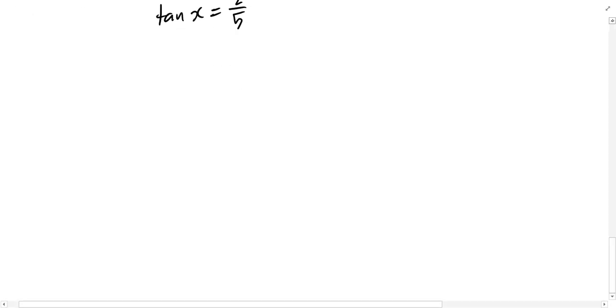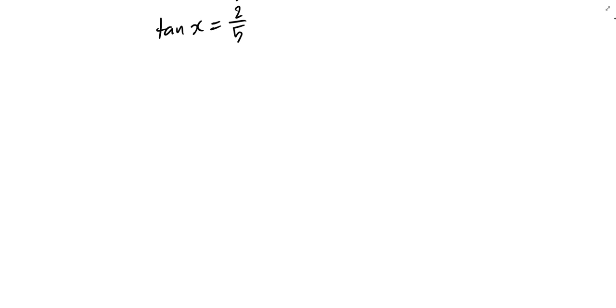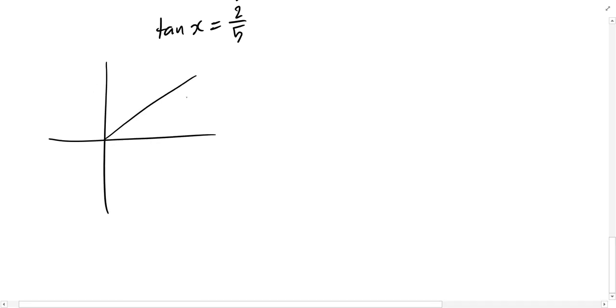Yes. And what should we do next? Now that I know x is in quadrant 1. Draw. Okay, sketch. Right angle triangle. Our x will start from the positive horizontal axis, go anti-clockwise, and this is x. Where is the 2? Vertical, horizontal, diagonal? Vertical. What about the 5? Horizontal. What about the diagonal?